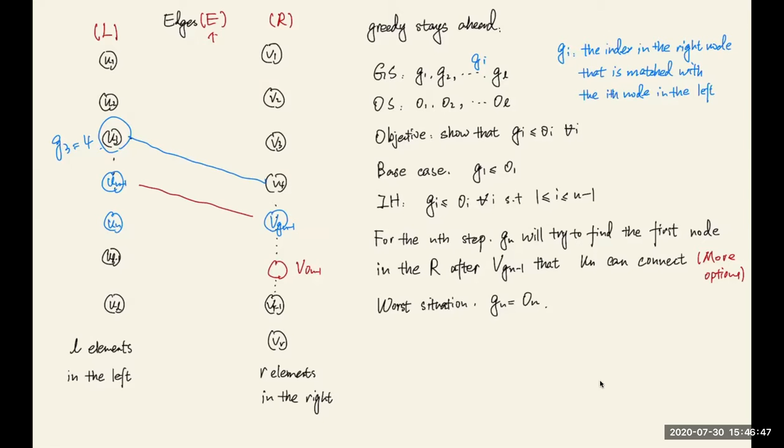And the induction hypothesis is basically this step. We want to show that GI is less than or equal to OI, for I from 1 to n minus 1.